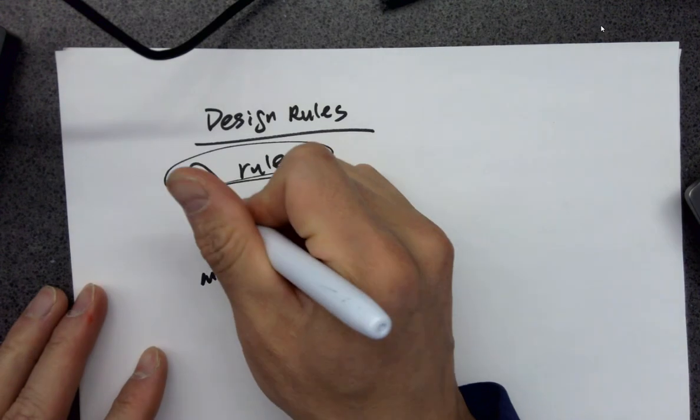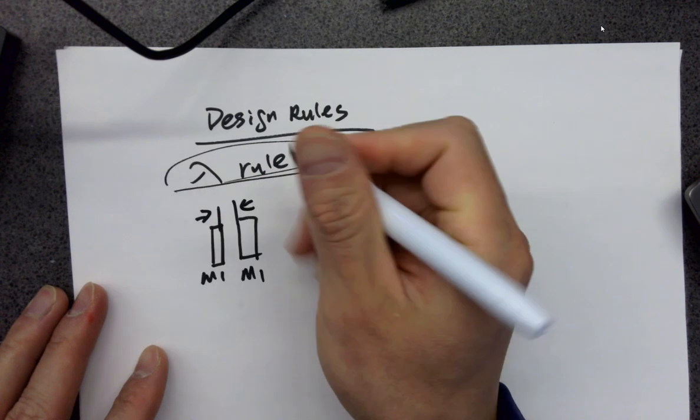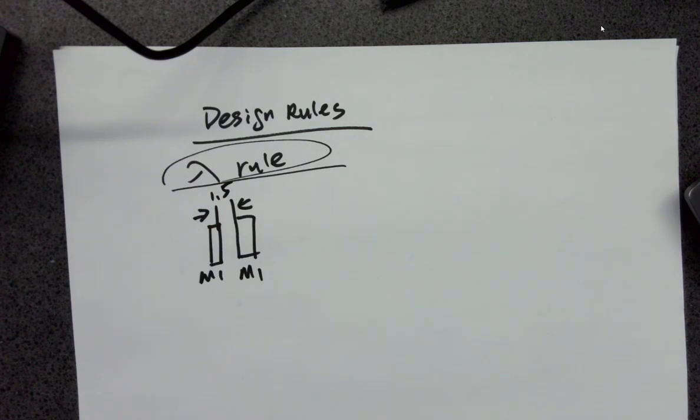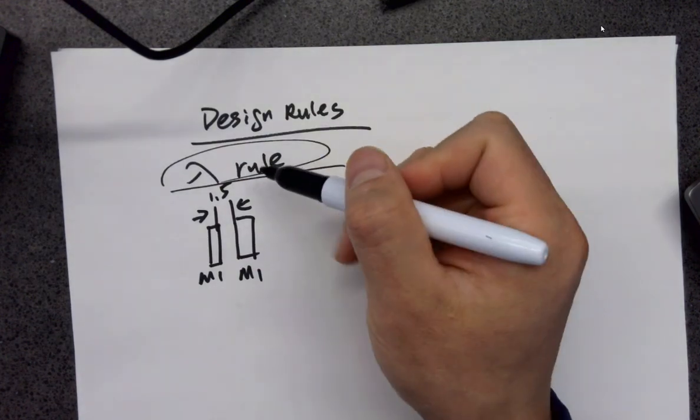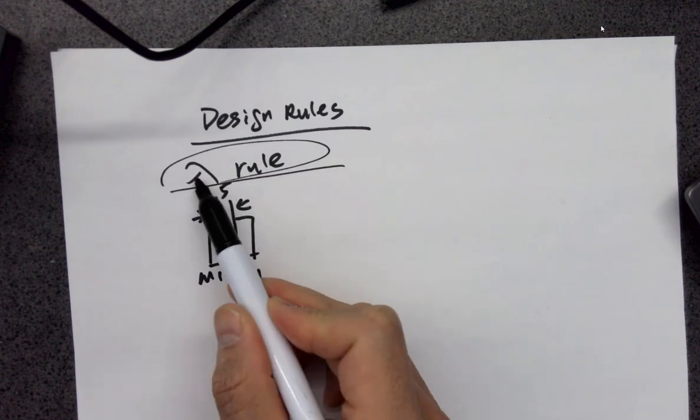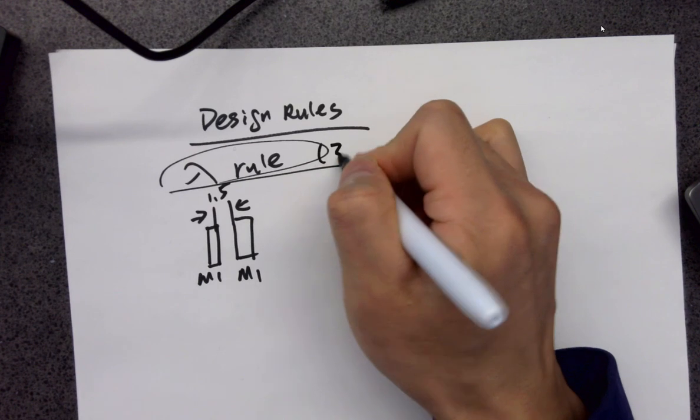So for example, the metal 1 to metal 1 minimum space is 1.5. It just tells you it's 1.5, but what does that mean? It's 1.5 lambda. Keep in mind, all the numbers don't have a unit with them. In this lambda rule design process, the unit will be lambda. So 1.5 means 1.5 lambda. So lambda in here is 300 nanometers.